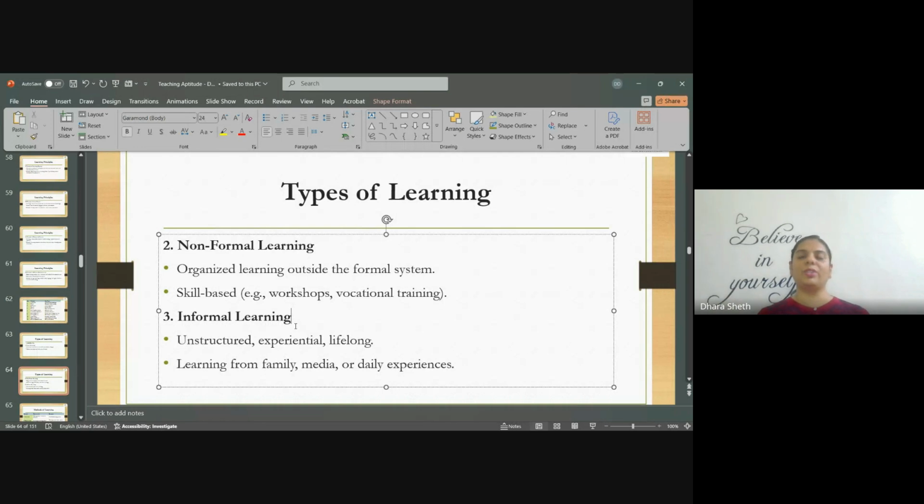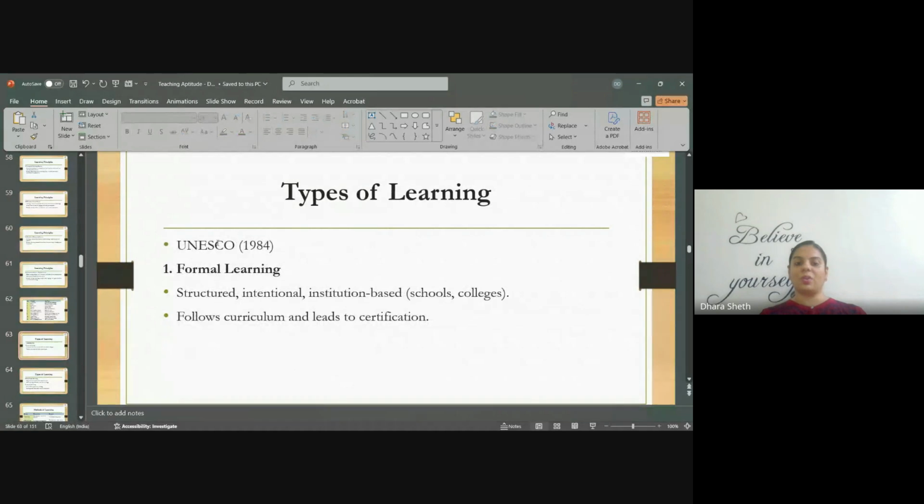Here and there, talking to people. It's not a structured course or curriculum that you follow, but it's experience-based learning. It's lifelong learning. So learning from family, media, daily experiences, that is informal learning. Formal, non-formal, and informal. These are the three types of learning which UNESCO has classified in 1984.